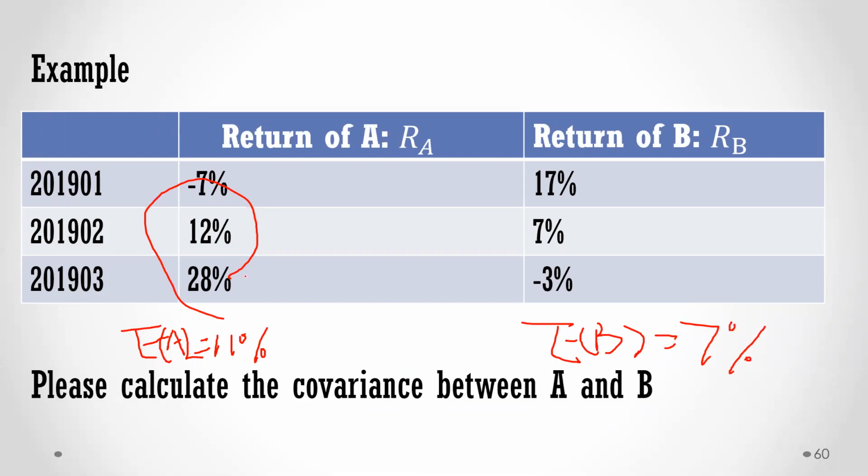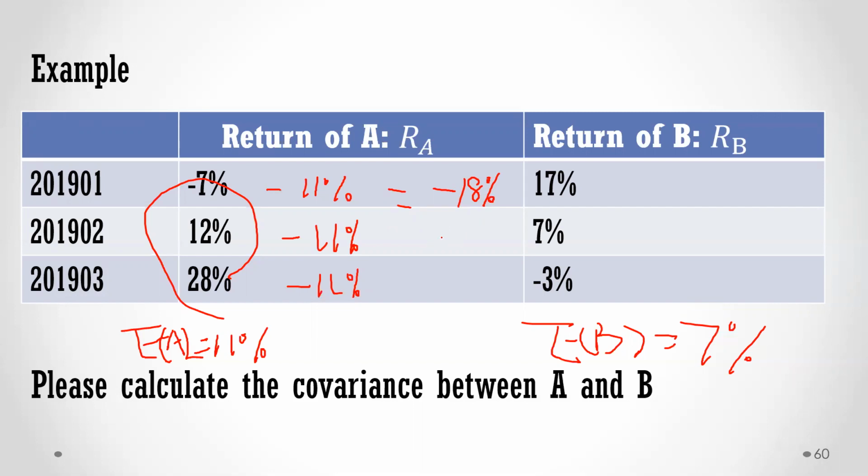So for the first one it is minus 7% subtract 11%. For this one, 12% subtract 11%. 28% subtract 11%. So for this one it is minus 18%.